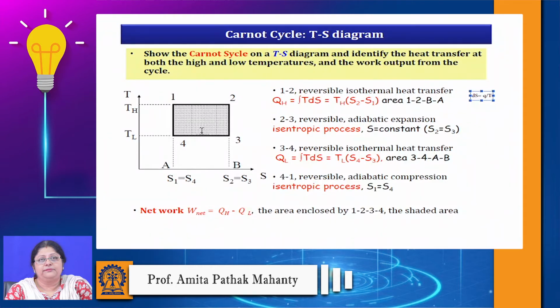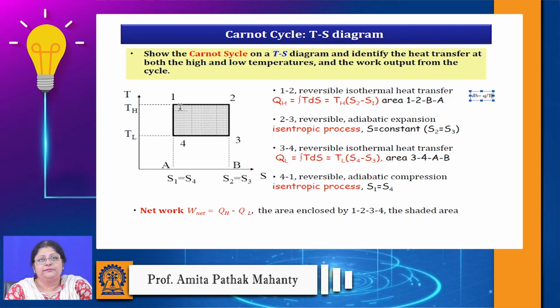So 1, 2, 3, 4, the shaded area is the net work done by the cycle. If you are given such a diagram with the values, you should be able to find the area without even going into the calculations, if you know how to draw the diagram, right?